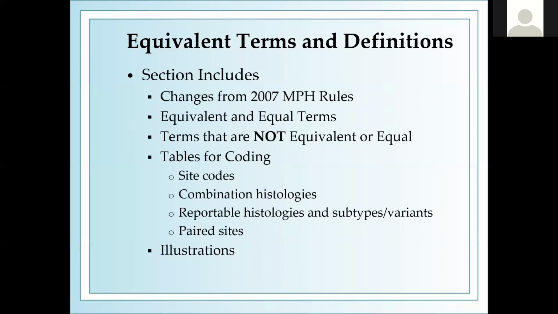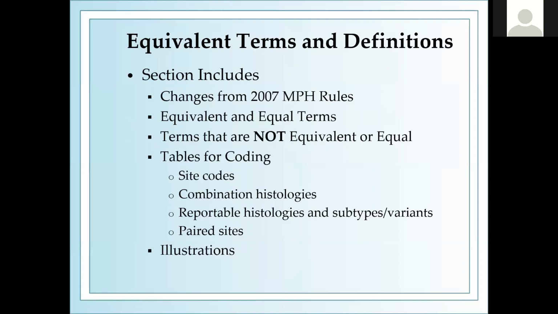There might be a table with site codes to assist you in recording the accurate site code or topography code. There's usually a table that has combination histologies listed with the appropriate code, and a table with the reportable histologies and their subtypes or variants of the more general histology names.